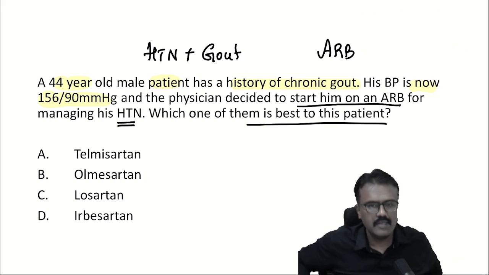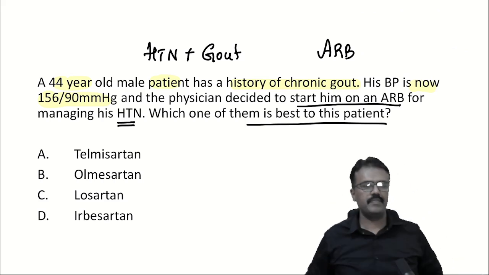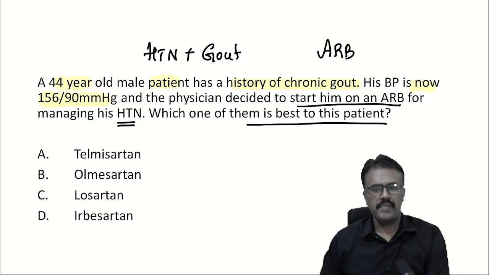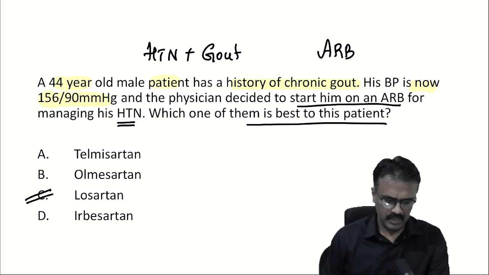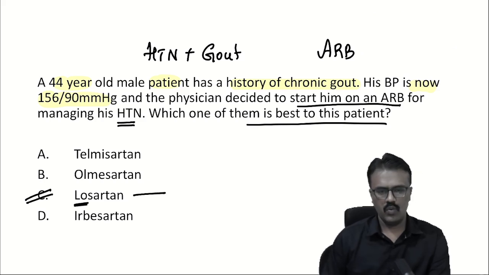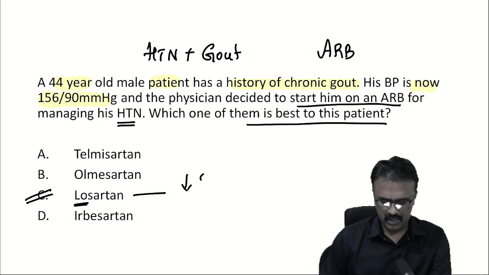So try to answer it. So if you are telling losartan, then you are absolutely correct. Losartan, start with L, it lowers two things: thromboxane A2 and it lowers uric acid.